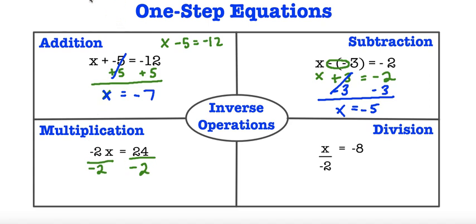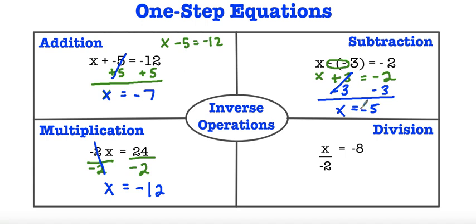And remember that negative 2 divided by negative 2 is 1. And I don't have to write the 1 because 1x is the same thing as x. x equals 24 divided by negative 2, which is negative 12, because a positive and a negative, or a negative and a positive divided by each other gives you a negative, so I end up with negative 12.